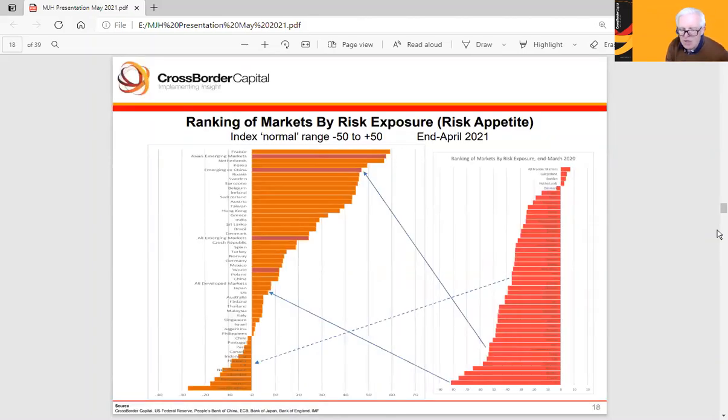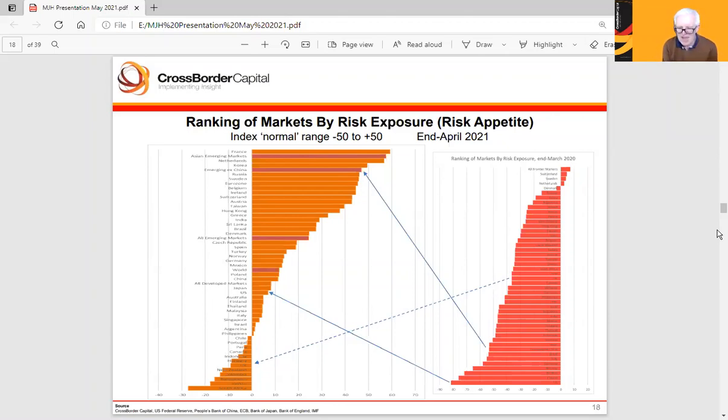This ranking shows where we are right now, as of the end of April, in terms of a ranking of markets by risk exposure. On the left-hand slide, the red bars on the right are where we were just over a year ago at the end of March 2020.